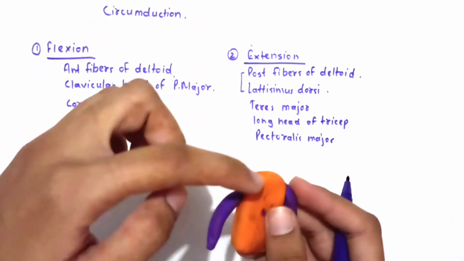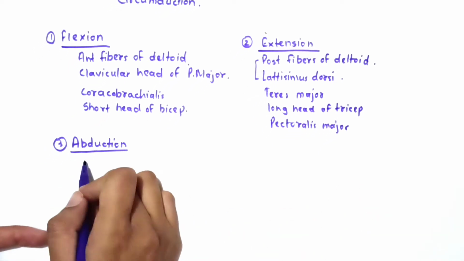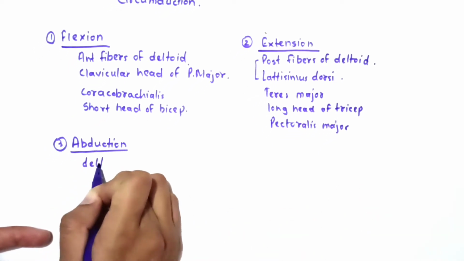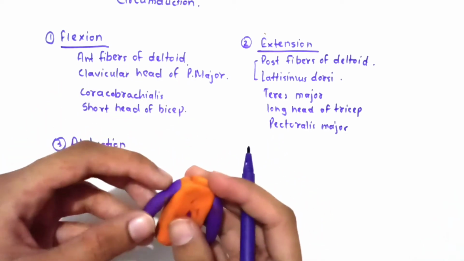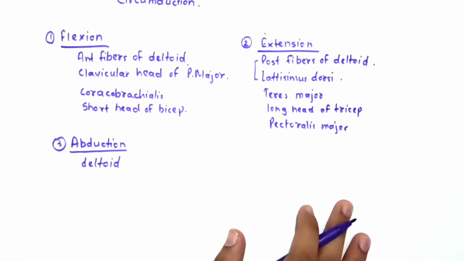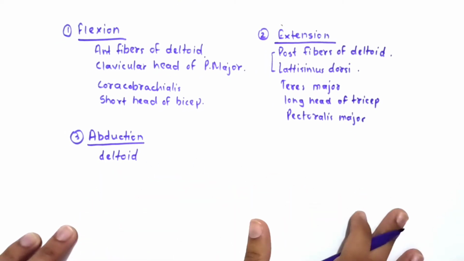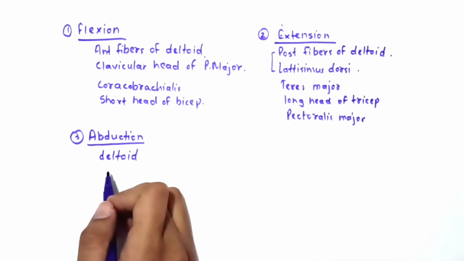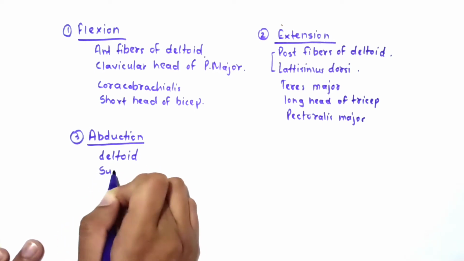So the muscles on this region will act. The first muscle will be your deltoid muscle, the main bulk which is on this region. Then we have supraspinatus, the name itself, it is present in the superior portion of your shoulder joint. So supraspinatus.